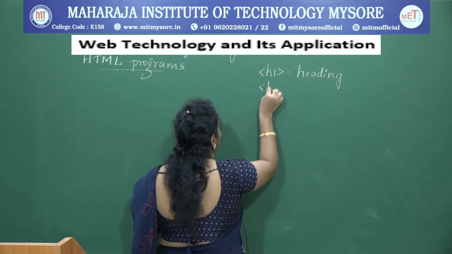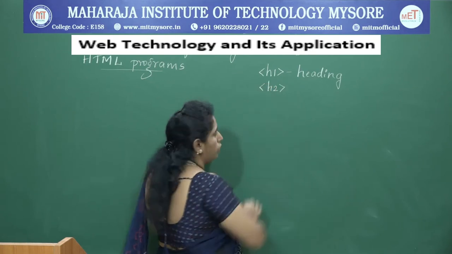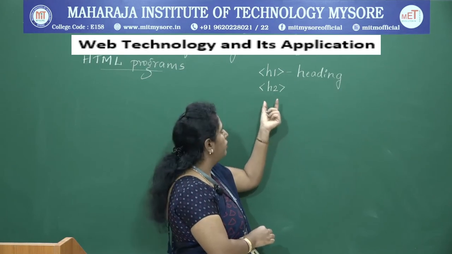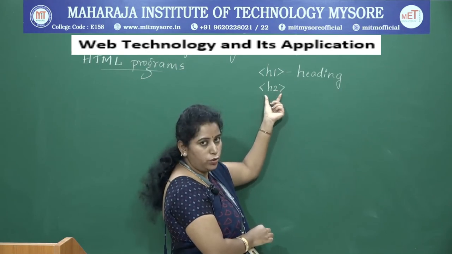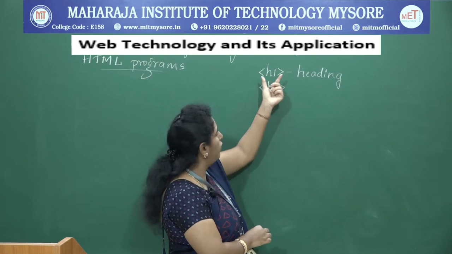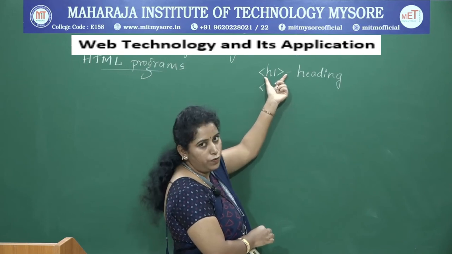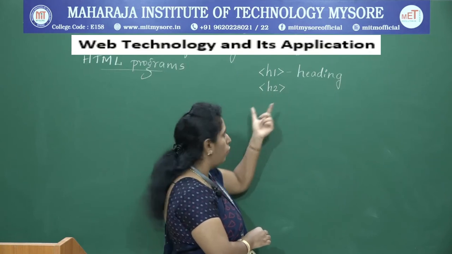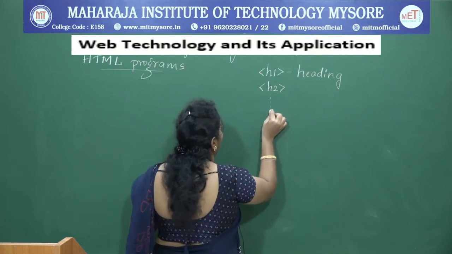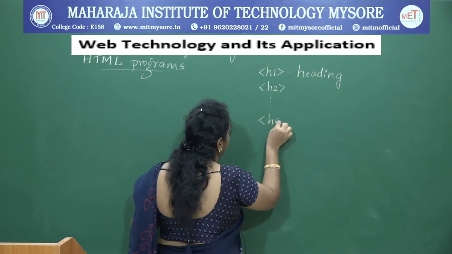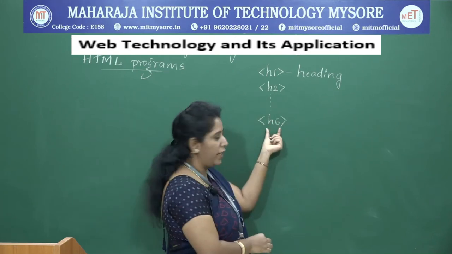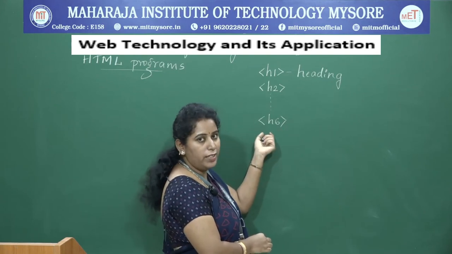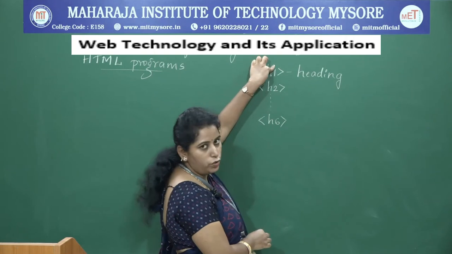Likewise H2 is also used for heading the text, but the font size is comparatively smaller than H1, and the content will be in bold only. Likewise we have up to H6, which is comparatively lower in size when compared to H1.